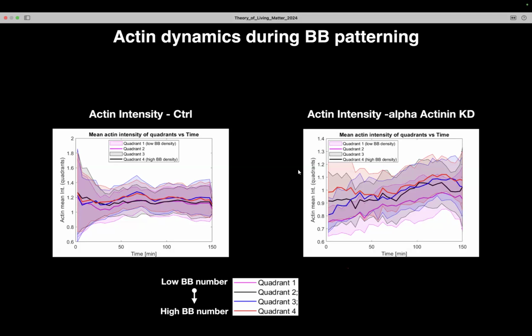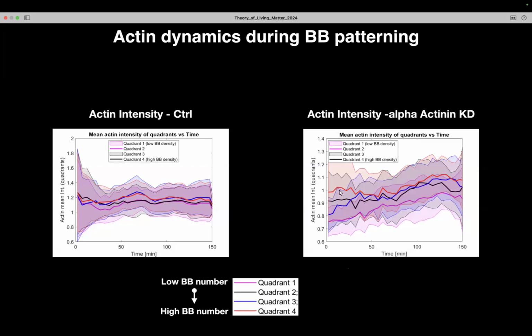But when we look at the intensity of actin in time in the situation where we knock down alpha-actin 1, the situation is a little bit different. Let's pay attention to quadrant 1, the quadrant with a lower number of basal bodies, the pink color, and quadrant 4, which has a higher number of basal bodies, here in red.